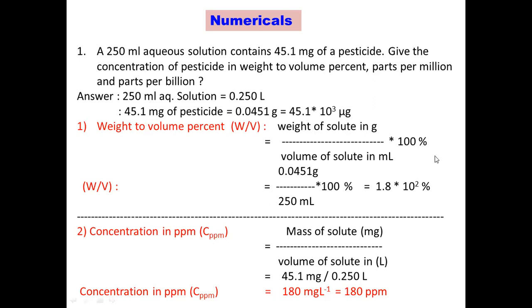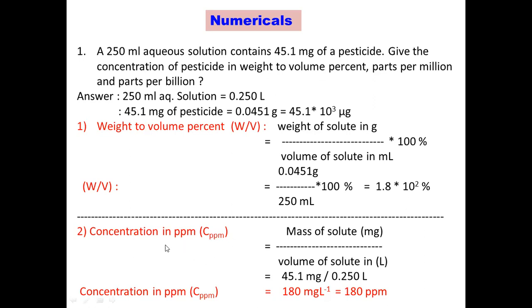So we add the quantities here: 0.0451 gram divided by 250 ml into 100 percent. The answer is 1.8 into 10 raised to minus 2 percent. That amount will be required to prepare this weight to volume percent solution.